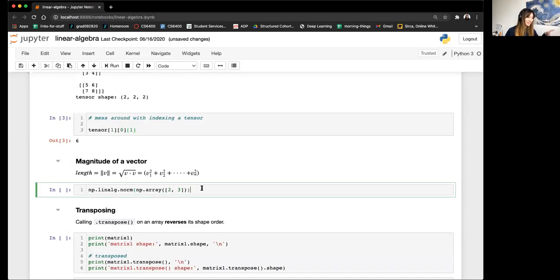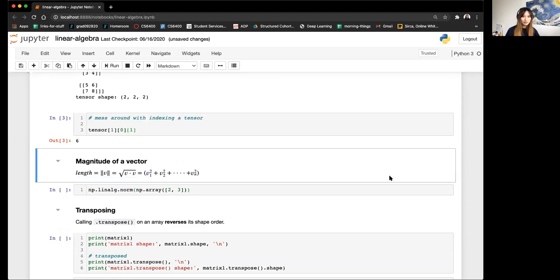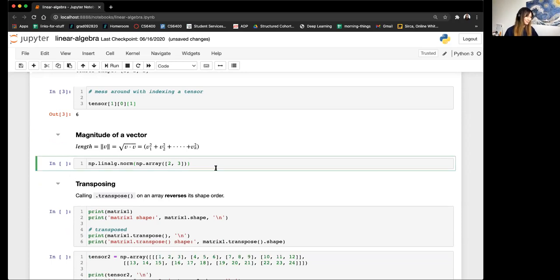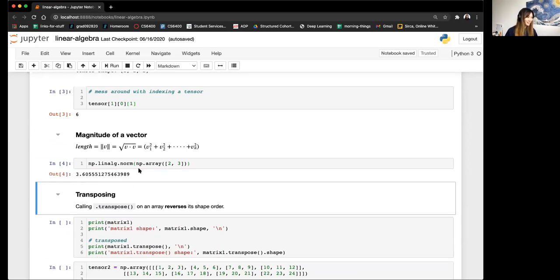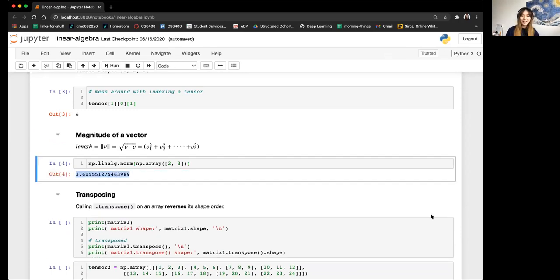Thankfully, there is a function that does it for you. np.linalg.norm finds the magnitude of the vector. It uses pretty much the generalized form of the Pythagorean theorem. So just be aware that this exists to find the magnitude of any vector.